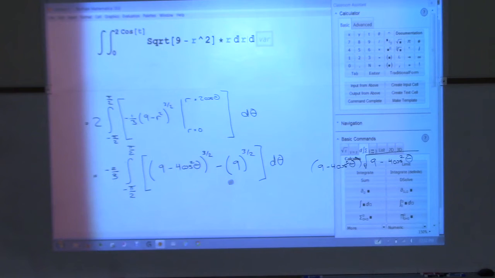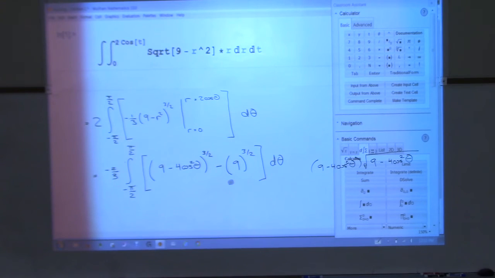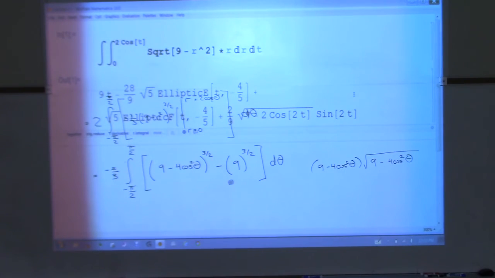And then dr d theta. It's still thinking. There we go. Okay, so yeah, we're not going to be able to do that by hand because it's using the elliptic error function. Oh, you can't see that, sorry.